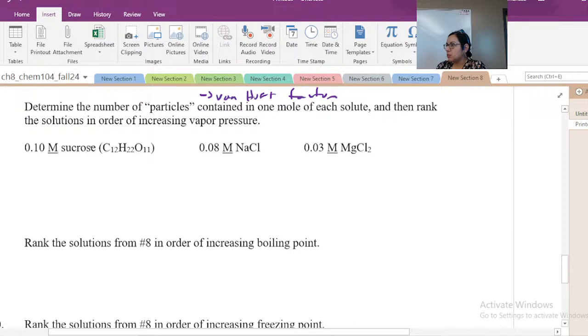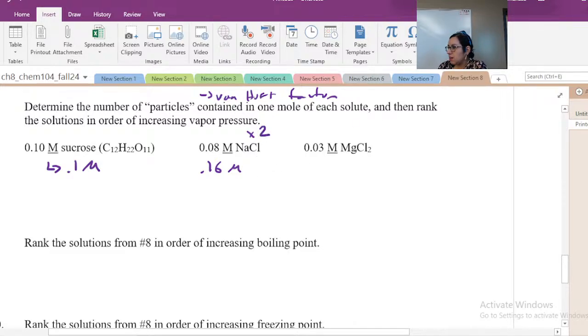Does sucrose dissociate? No, it's a non-electrolyte, so it's still 0.1 molar. But what about sodium chloride? What's its effective molarity? 0.16, times 2 for 2 particles.